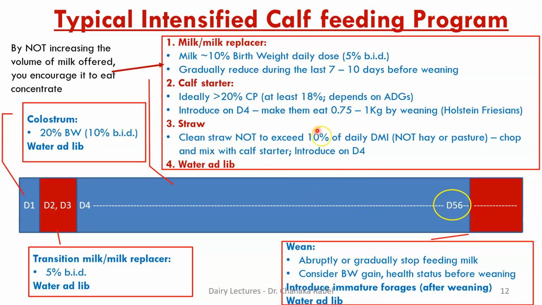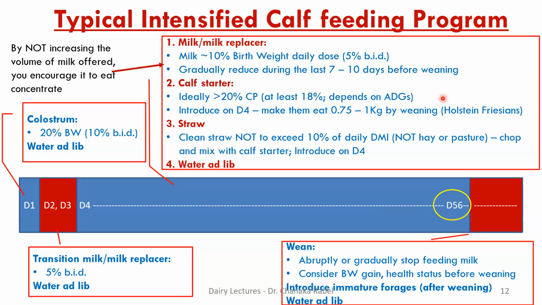So this particular regime, if you didn't bother paying attention to any of my previous lecture notes on calf feeding, this is the slide that you have to pay attention to, right? You can still be a successful calf manager in terms of feeding if you practiced everything on this slide alone, right?